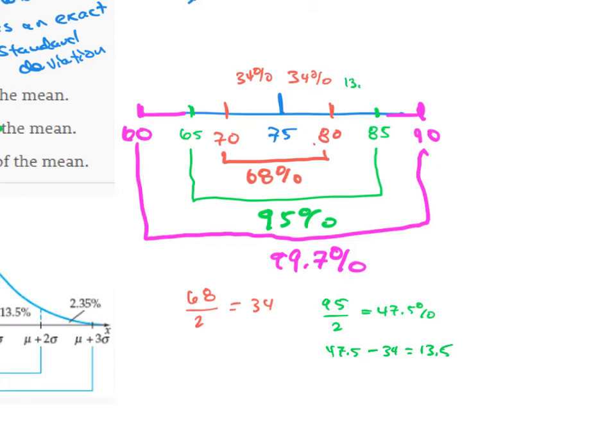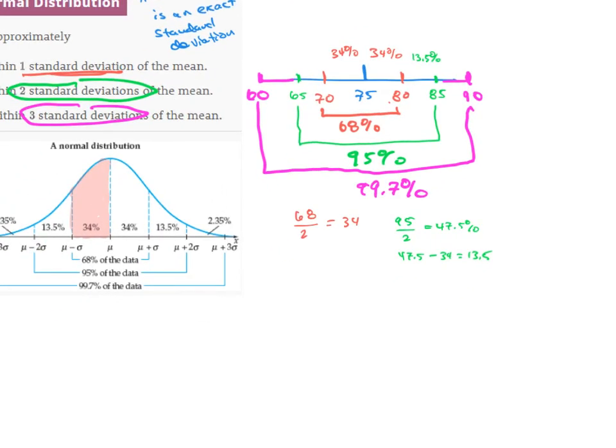So 13.5% of the people scored between an 80 and 85. That's exactly what you see in what's now the shaded region of that next one. There's my 13.5%. That would be the data scores from 80 to 85.